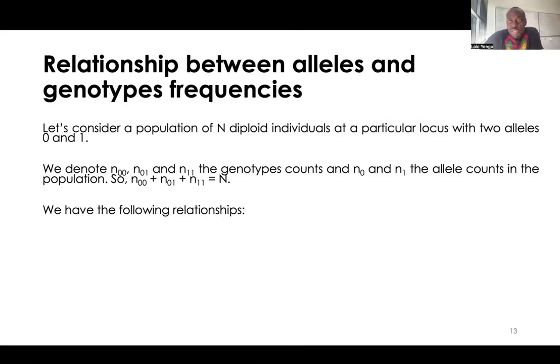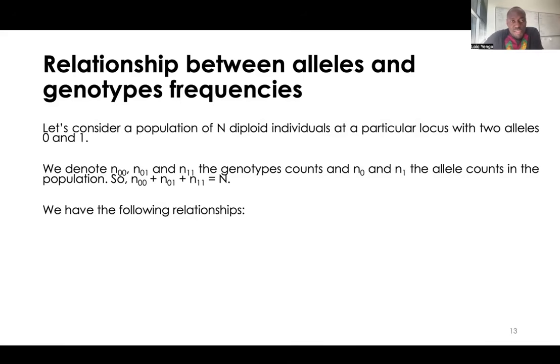Similarly, we're going to denote small n_0 and small n_1 as the allele counts in the population, meaning how many 0 alleles exist in that population, or how many 1 alleles exist.